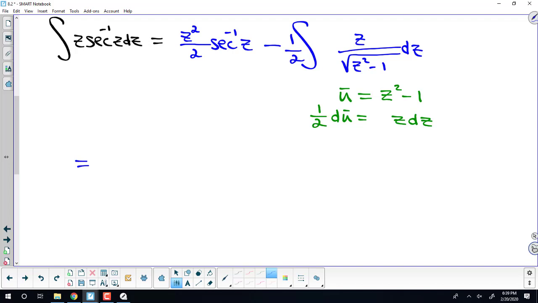So let's write this over here. We've got this minus this 1/2. Then we have that 1/2 times the integral.